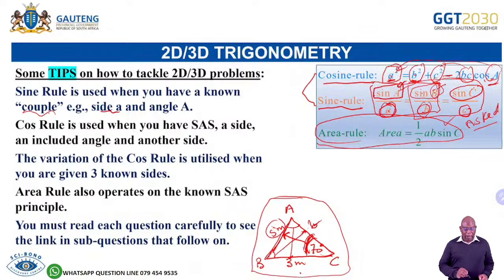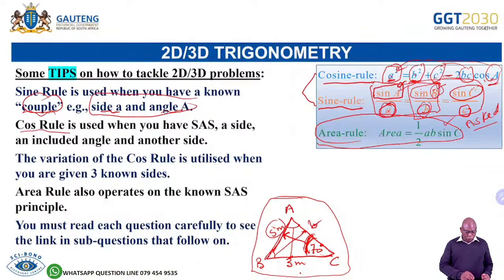A side A and an angle A is what we call a known couple. So it is a couple. So if I've got a couple and I'm given one side or one angle, then I can be able to get that angle or the side. Okay, when you do activities, you see what I'm talking about.